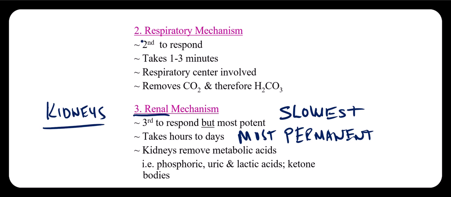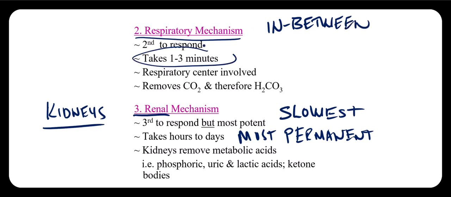Then, in between is your lungs, your respiratory mechanism. This one's in between, both in time and permanence. Usually the order of minutes to respond, takes a little longer than pure equilibrium, a chemical system, but much less time than your kidneys. And it has some permanence, and we'll talk about that with the carbonic acid bicarbonate system.